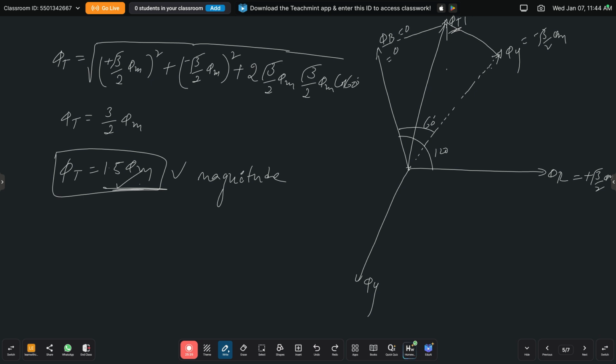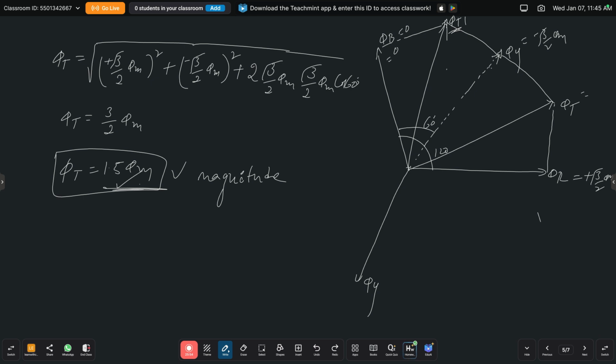So take phi r and phi y, and the vector sum of these two gives this phi t. So calculate this value.